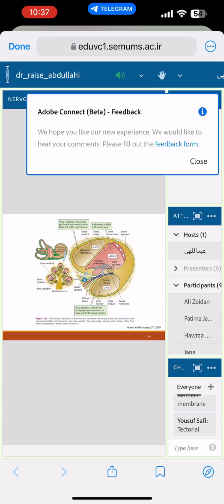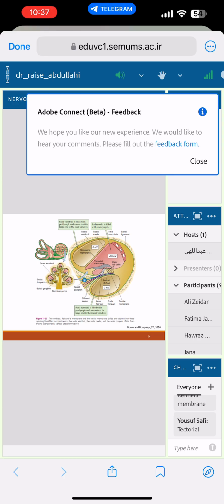Outer hair cells are more numerous than inner hair cells. For example, we have one inner hair cell compared to three outer hair cells. But inner hair cells are most important in terms of sense of hearing.